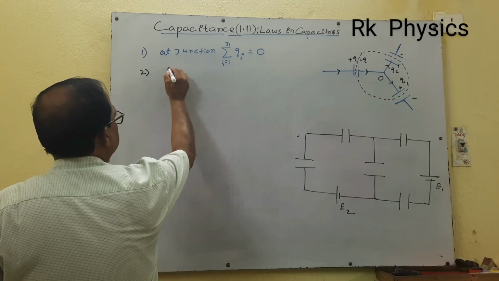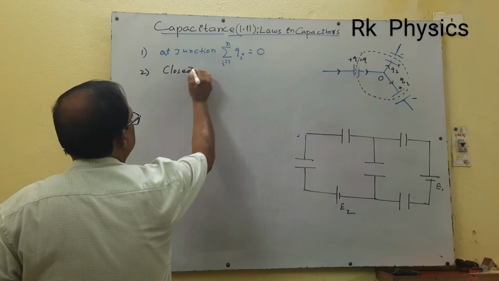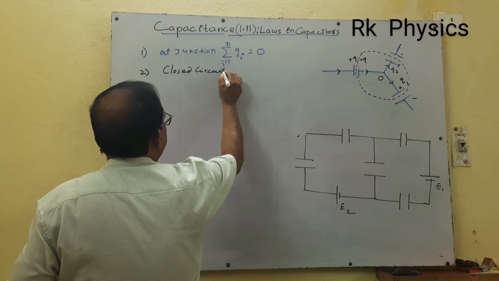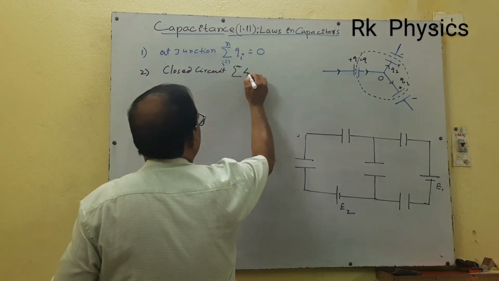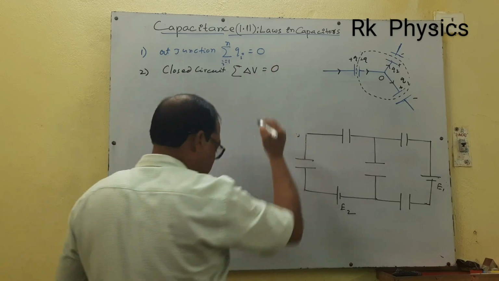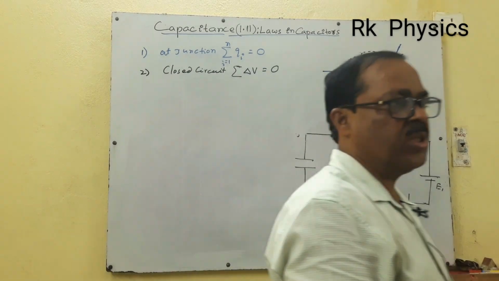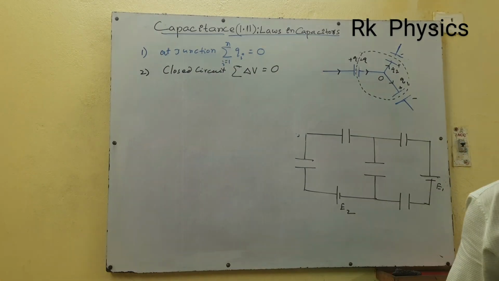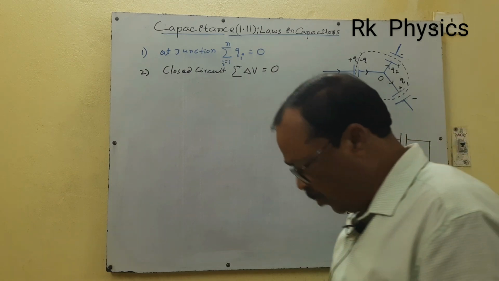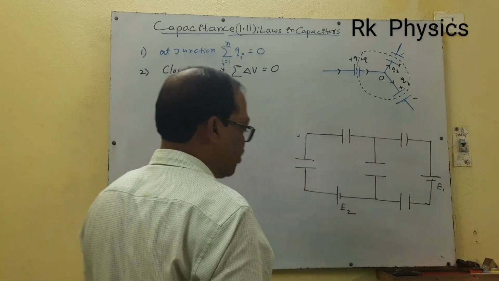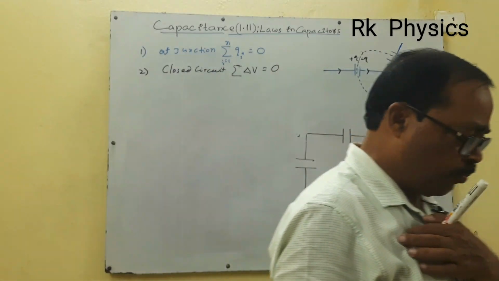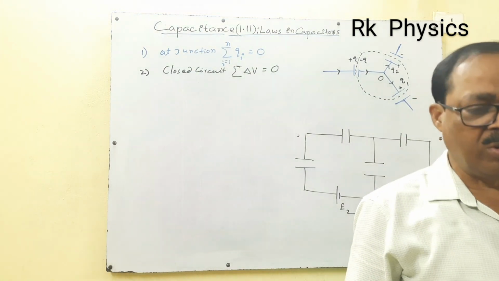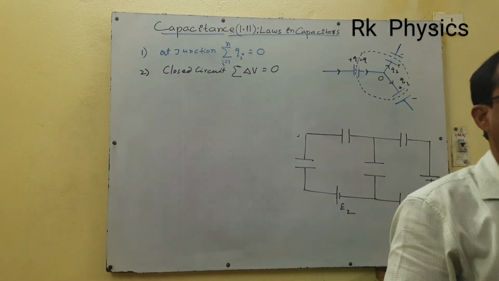The second law states that in a closed circuit, the sum over potential is equal to 0. This is the law: the algebraic sum of potential in a closed circuit is equal to 0. Okay. Now, to explain this system, you can take two assumptions. This is a convention.